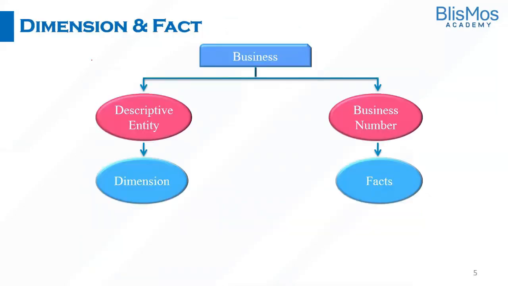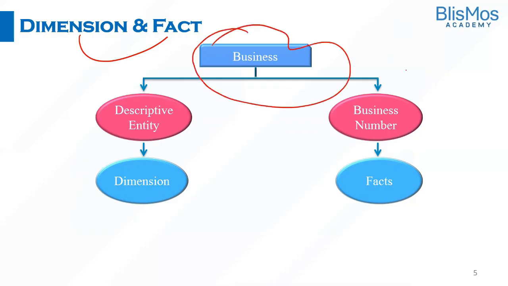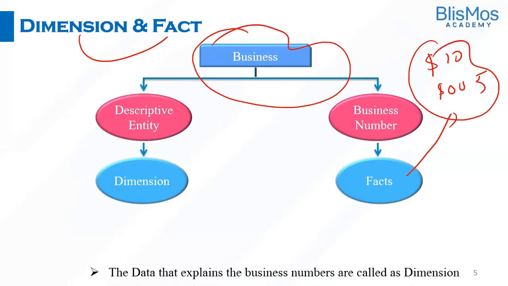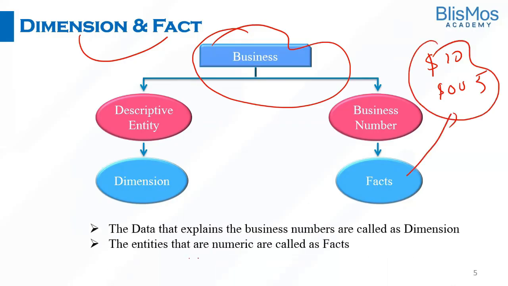Let us understand the dimension and fact tables in a bit more detail. In any business, if you go and buy something, you'll say $10 or 100 rupees, right? This is a fact. The entities that are numeric are called facts.